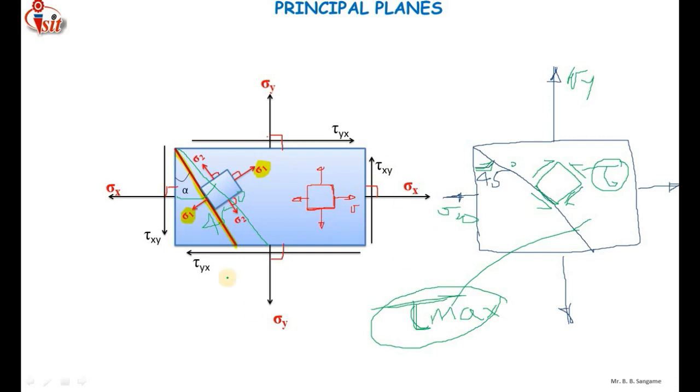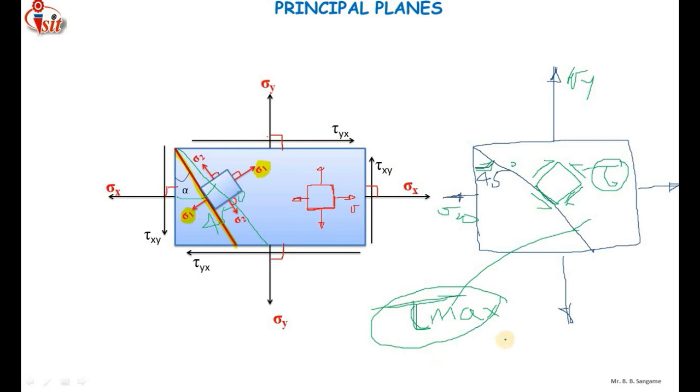When we go for the design of brittle materials, we need to consider sigma 1, the maximum principal stress, because brittle materials are weak in tension. So while designing brittle materials we consider the maximum principal stress sigma 1, and while designing ductile materials we consider the maximum shear stress tau max.